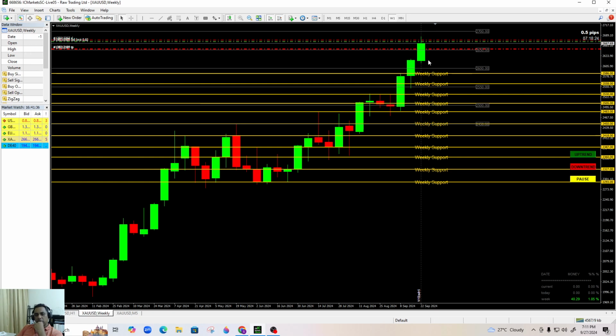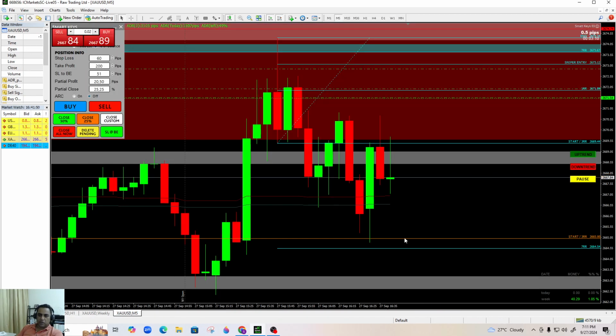This candle can come down and close a doji as well, but it's unlikely price is going to drop 400 pips because there is no news event, there is nothing.